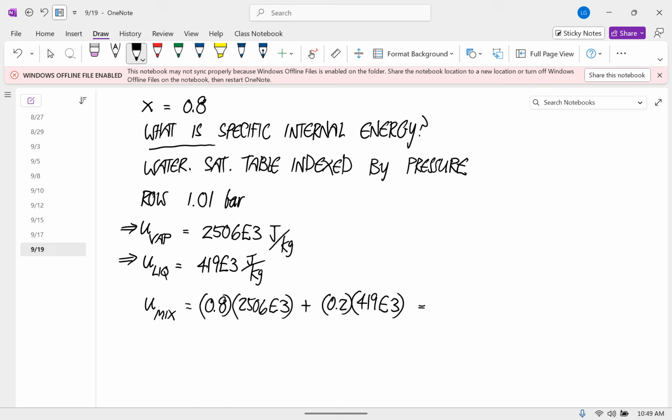Your mixture would have a specific internal energy of 2088.6 times 10 to the third joules per kilogram.